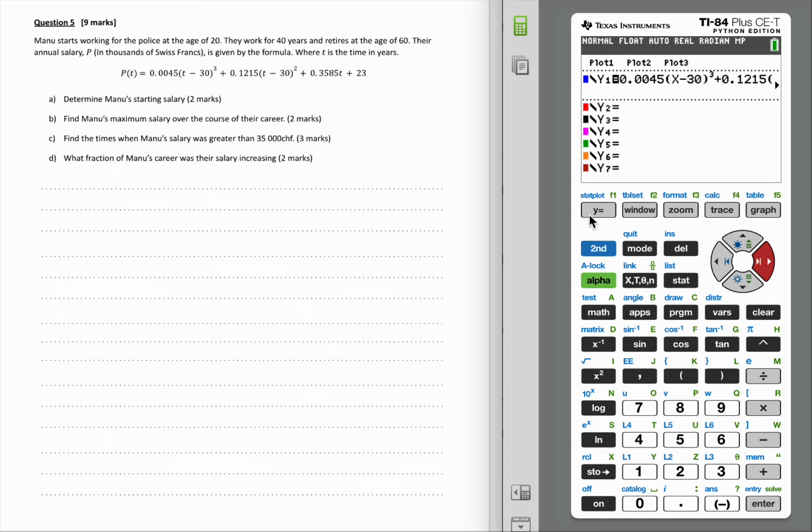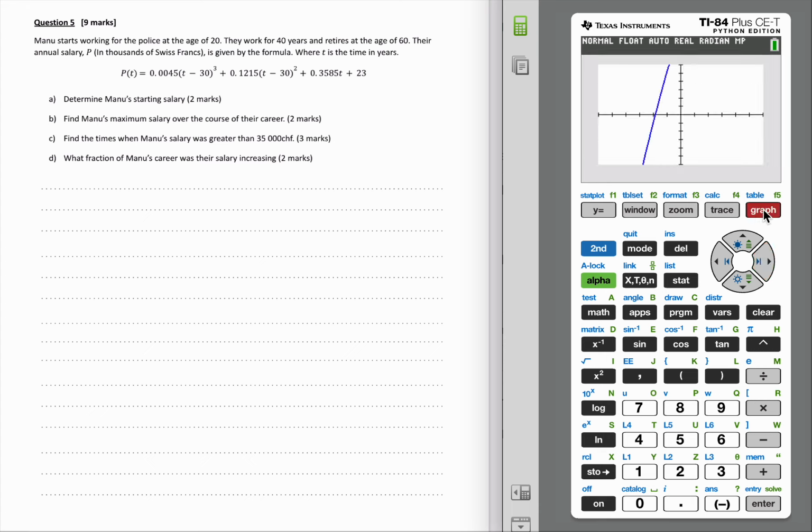So x minus 30 to the power 3 plus 0.1215x minus, and that should be a 30, so I can insert a 0 there. So x minus 30 squared. And then at the end there, I have 0.3585x plus 23. So I can now move forward to graphing that function.